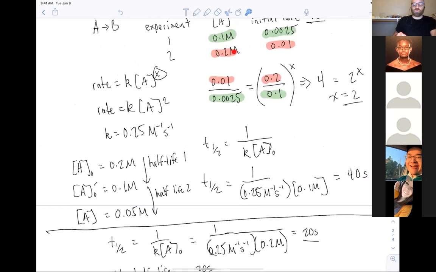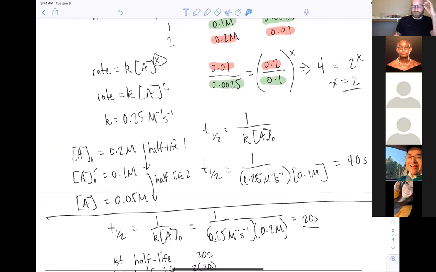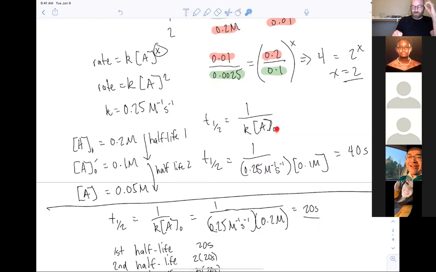And then how long to go from the initial one to a fourth of its concentration or something like that. It's just whatever you plug in here, the T1 half that you're calculating is just saying at what point you'll have half of that amount left over. If that makes any sense.